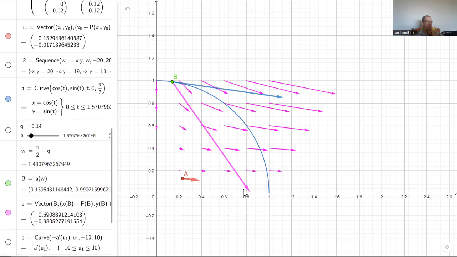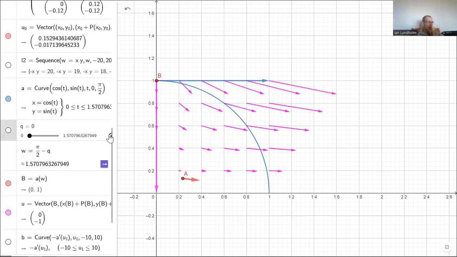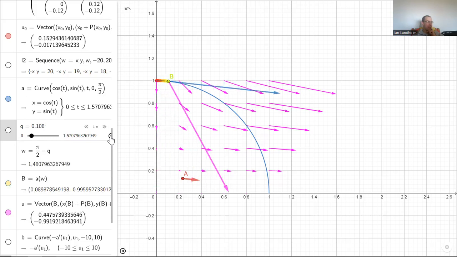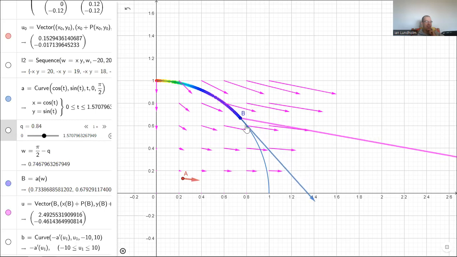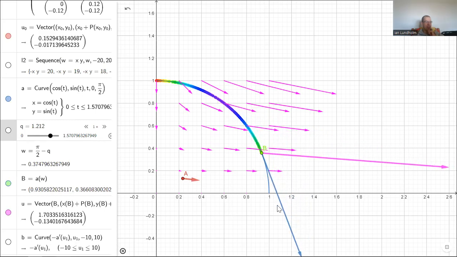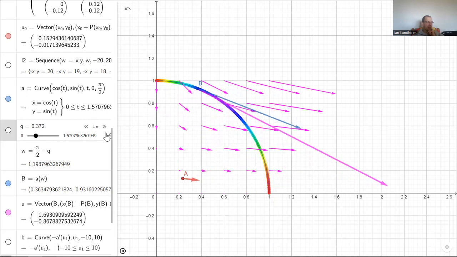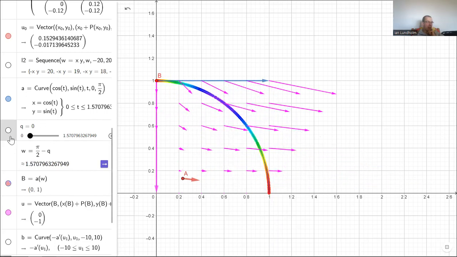Basically, what's going on here is we've got this vector field in the background. We're traversing our curve in a clockwise fashion. And along the way, each one of these values is given to us by a dot product between these two vectors. The dot product here is 0, so red means 0.